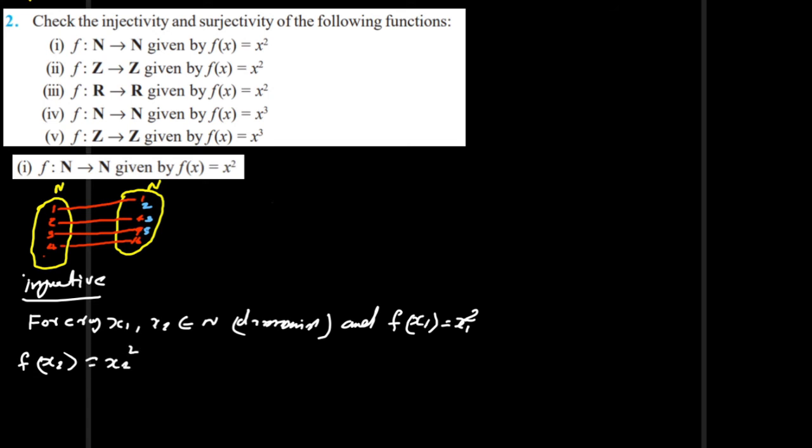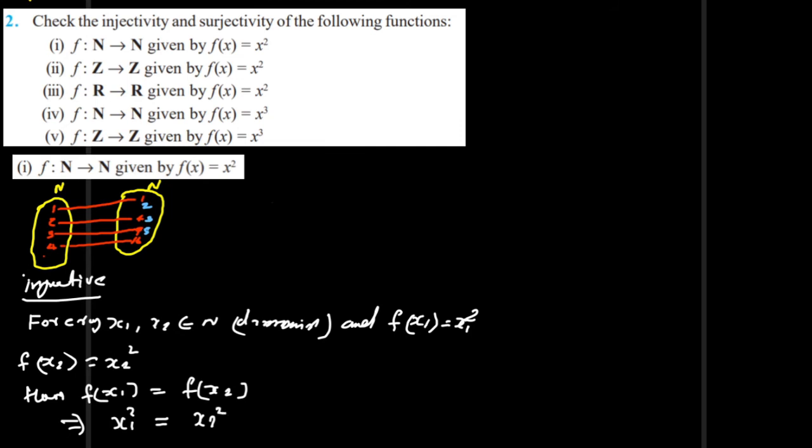Then take f of x1 equal to f of x2. What is f of x1? This implies x1 square equals x2 square.